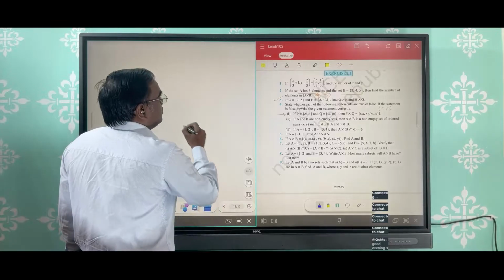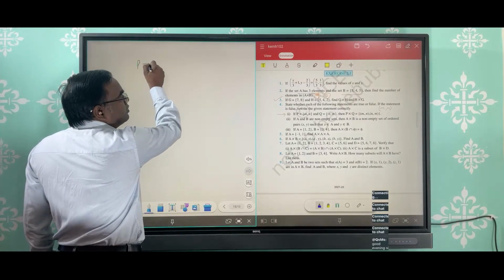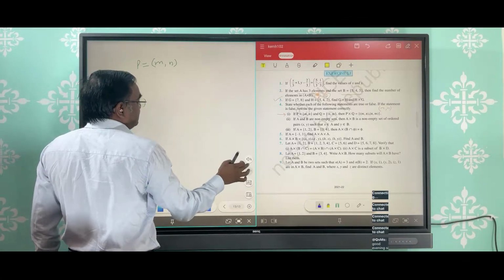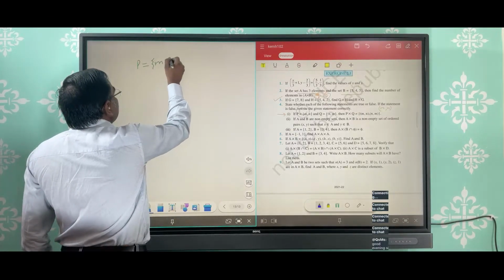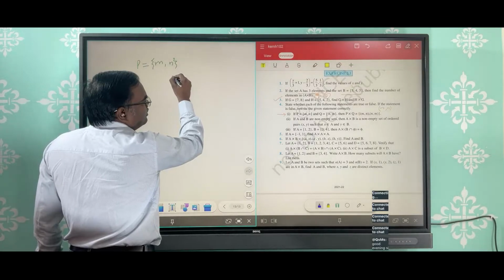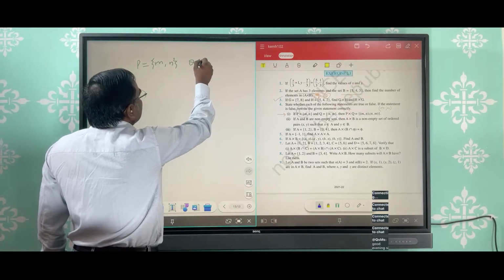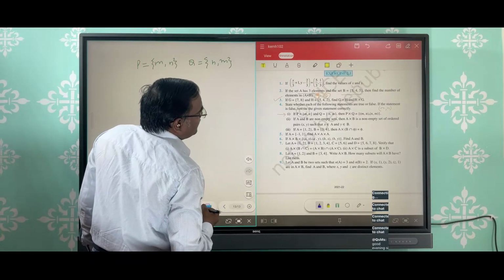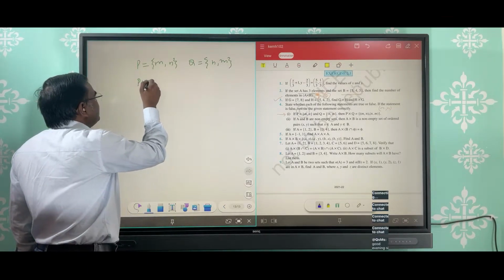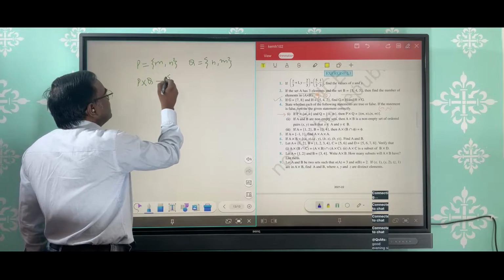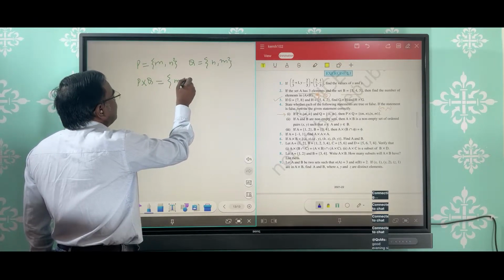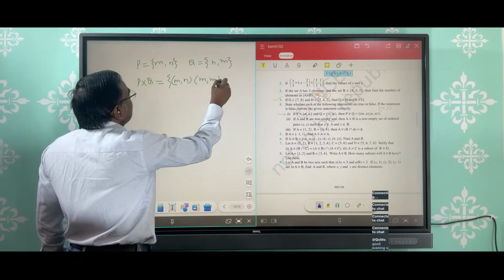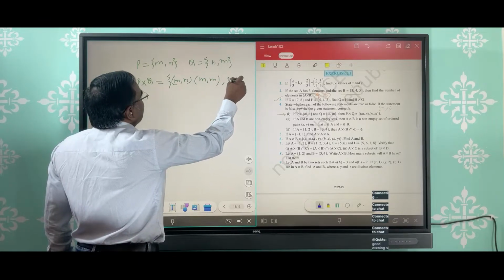So if P is equal to the set of M, N, and Q is equal to the set of N, M, then P cross Q will be the pairs MN, MM, NN, and NM.